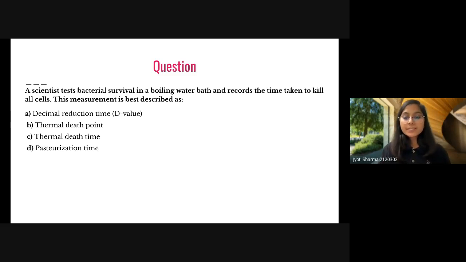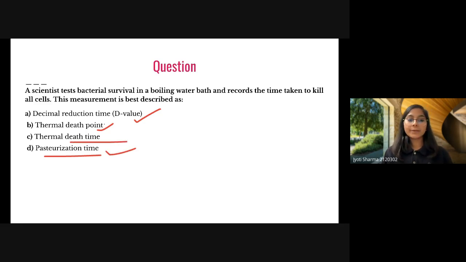Because this is the time, right, and this is not the D value, this is not a point, but this is time. And pasteurization is very different. In pasteurization we are giving some heat for a particular time, and that's how the number of bacterial cells will reduce, but this is not killing all the cells.